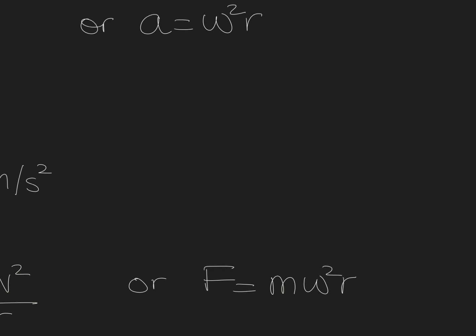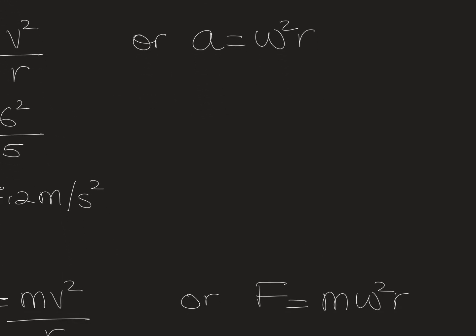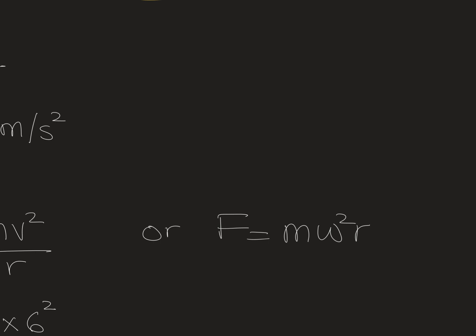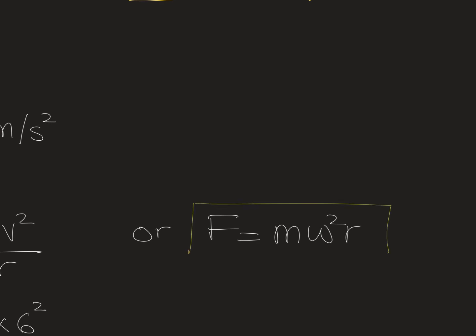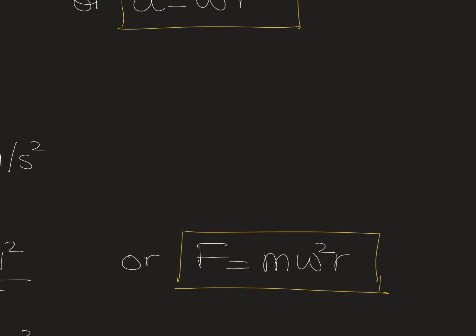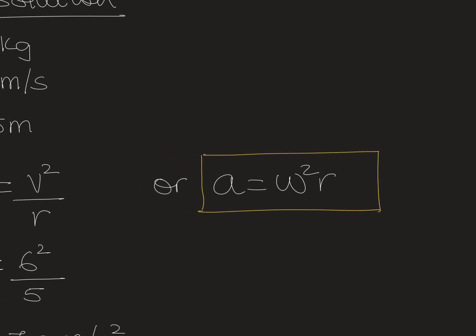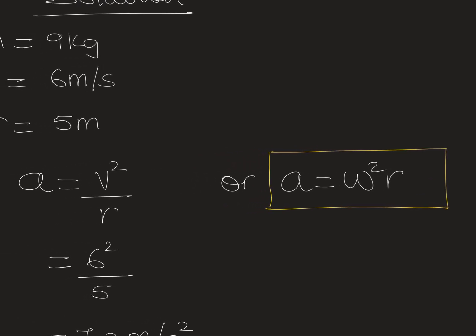But if we wanted to use acceleration is equal to omega squared r, or F is equal to m omega squared r, it means we should first find a way to get the angular velocity omega.